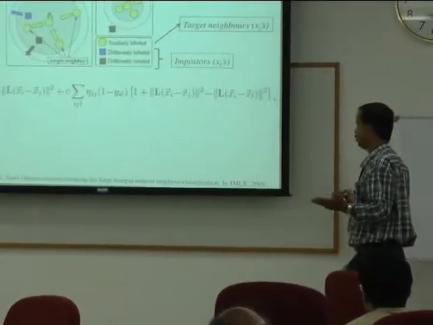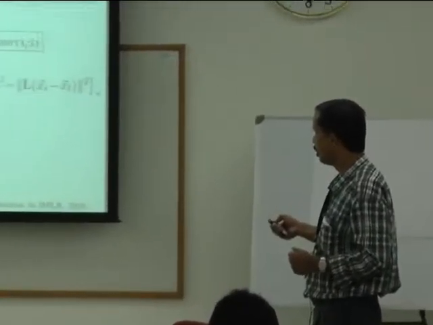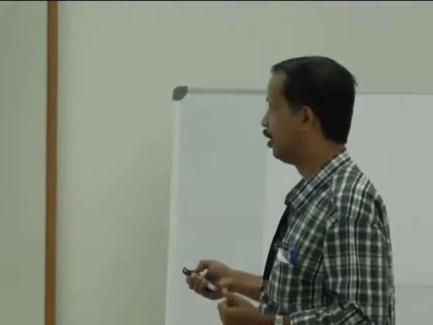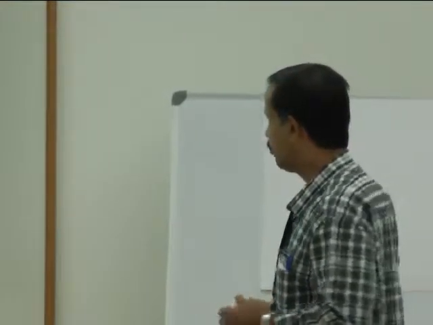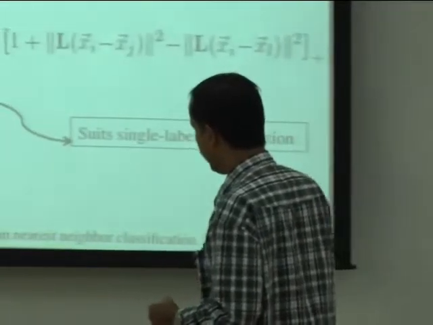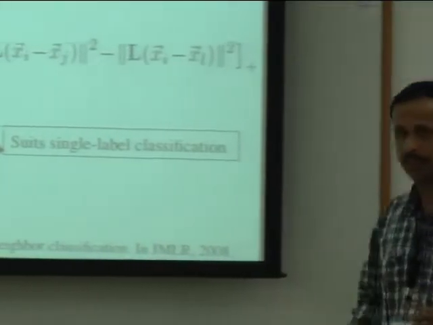This is done by optimizing an objective function which tries to put similar samples together and push the ones which are far, far away. Here there are two terms, eta and y, which are binary 0, 1 variables.